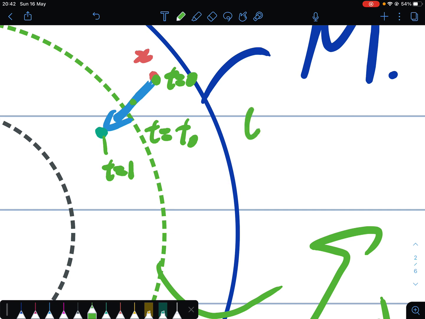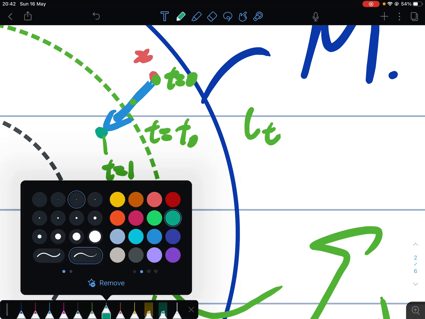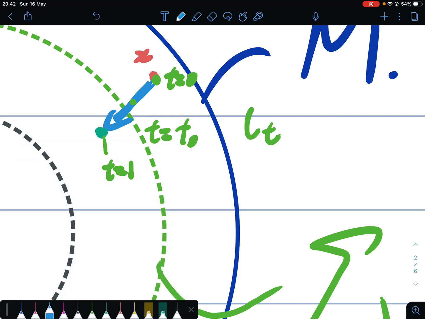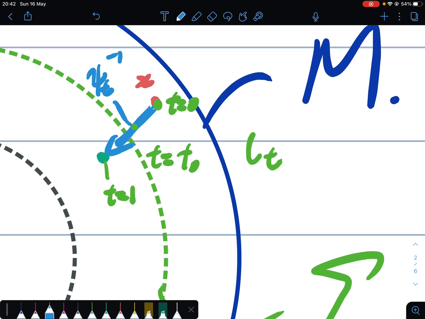will also depend on t, because from each point, its inverse should also depend on t.